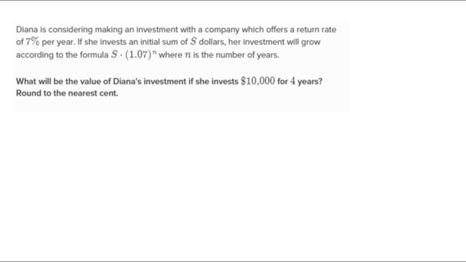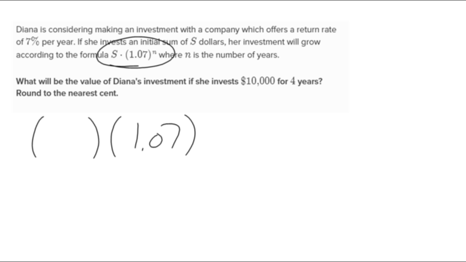Moving on. In this problem, again, you're going to hit pause. You're going to read through it. You're going to try it on your own. And then check by hitting play. In the problem, we have S, some value, and you're going to multiply that times 1.07 to some power.